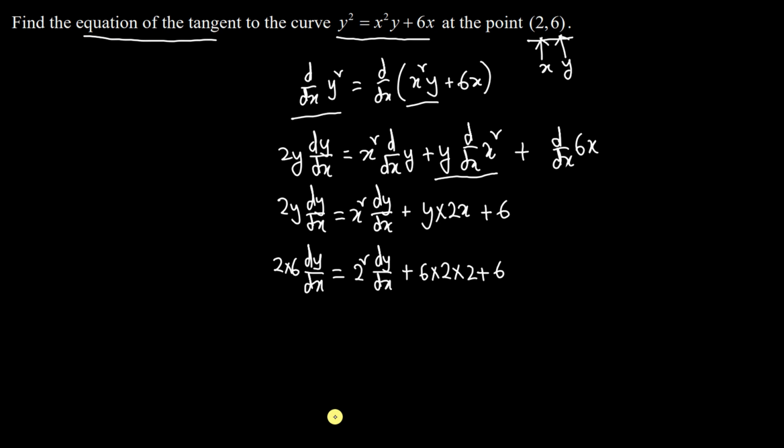Now let me calculate: it is 12 dy by dx, and on the right side 4 dy by dx, and from our calculation 12 into 2 is 24, 24 plus 6 gives us 30. So 12 dy by dx minus 4 dy by dx would be 8 dy by dx.